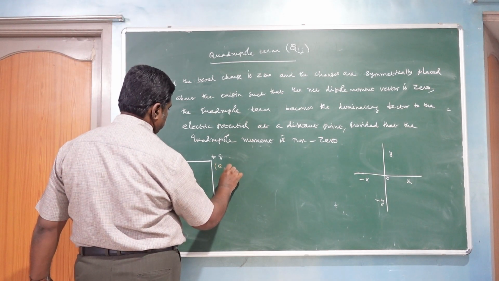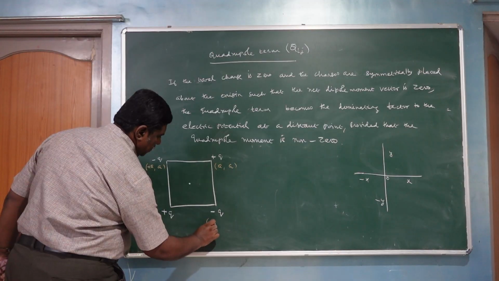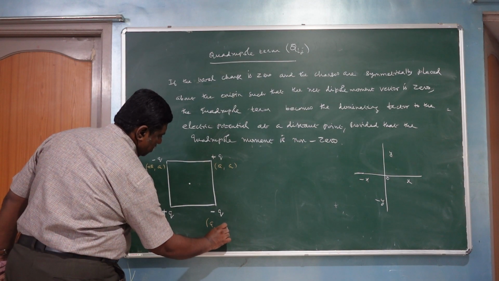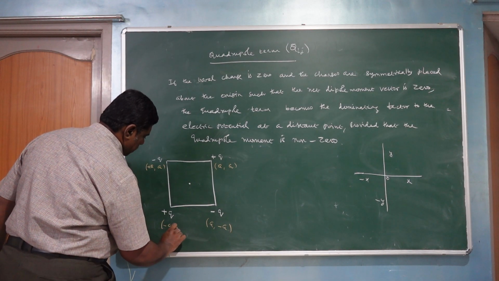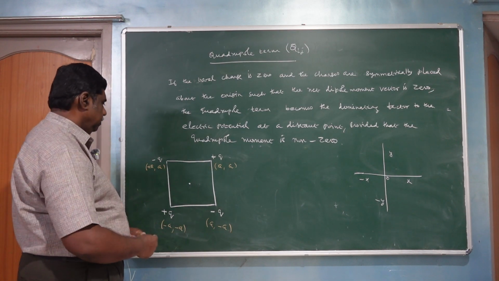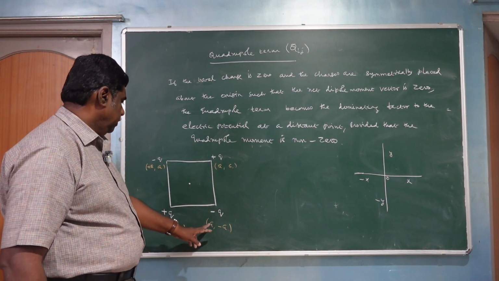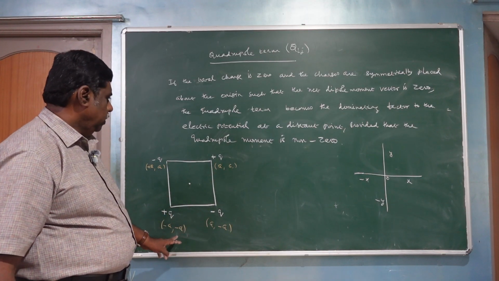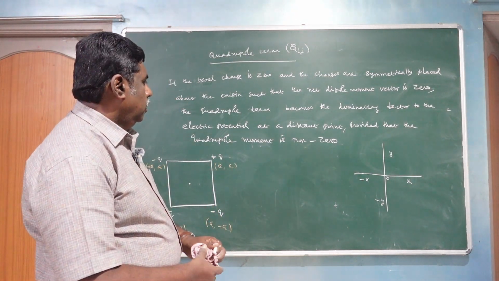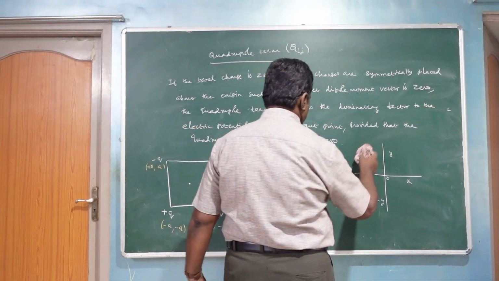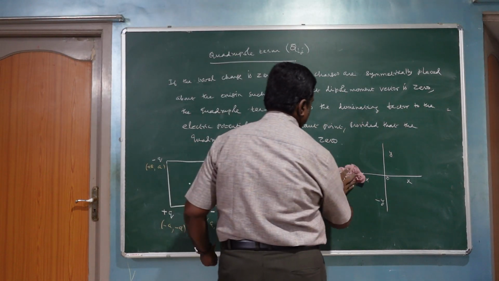Here both are positive, a comma a. This is a comma minus a. This is minus a comma minus a. This is x, this is y. See, this is a specification. With the help of this, we have developed this.